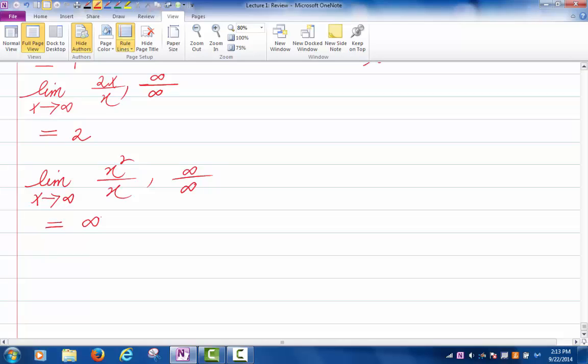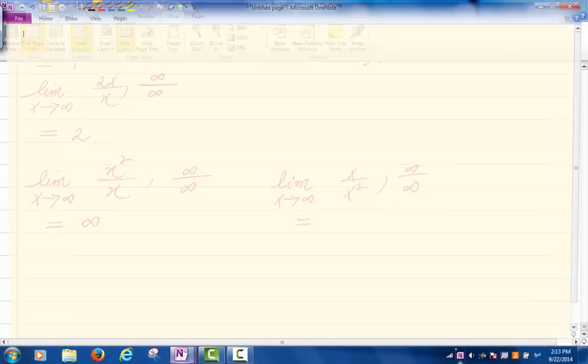How about this example, where I just switch them: x over x squared. In this case, again, I have infinity over infinity, but now what I actually have is 1 over x.